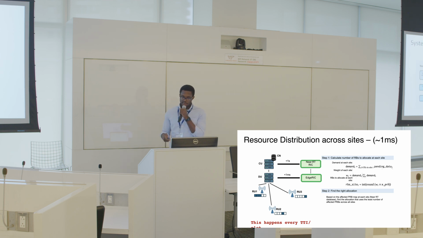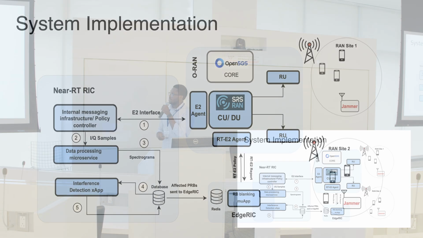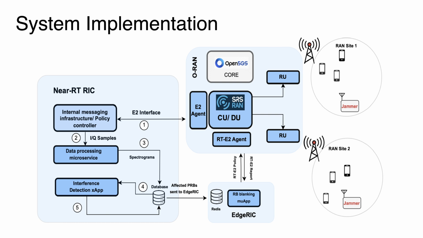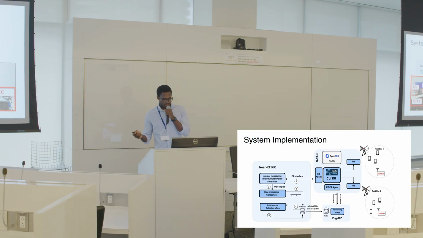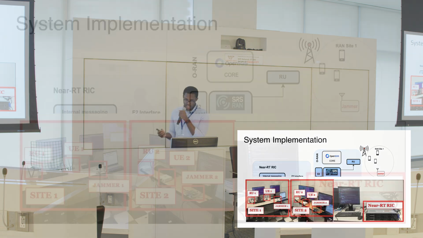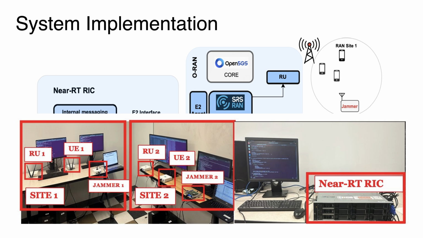Based on the system implementation, we leveraged srsRAN to implement this. We did this system overview and an over-the-air implementation in the lab, with different sites connected to a near real-time RIC to get the IQ samples and see the performance.